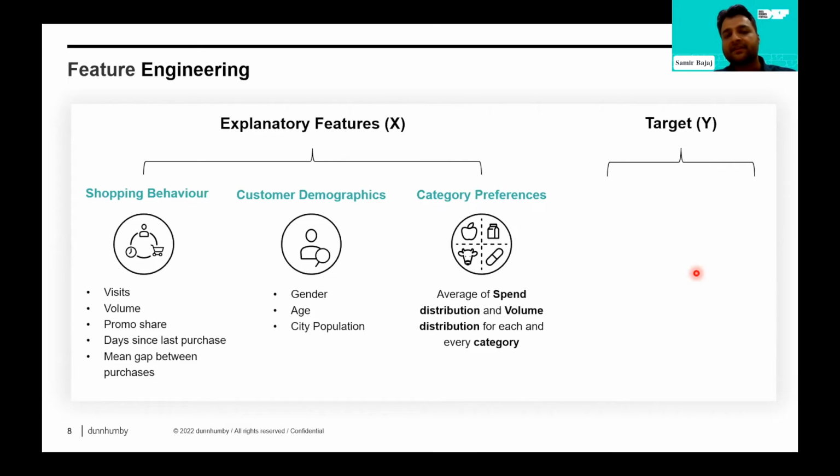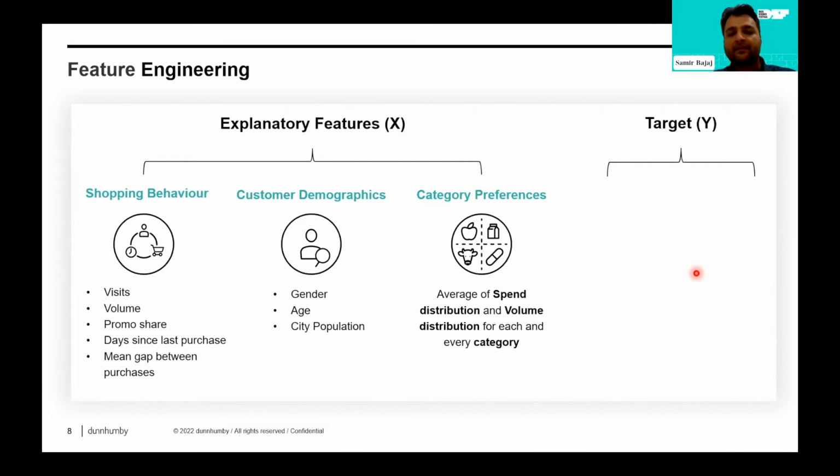So let's say a customer spends 2% of their spend on fragrances, and in terms of volume, only 0.5% of volume is attributed to fragrances, then the average would be the average of 2 and 0.5. So 1.25%. That is what we mean by the average of spend distribution and volume distribution.